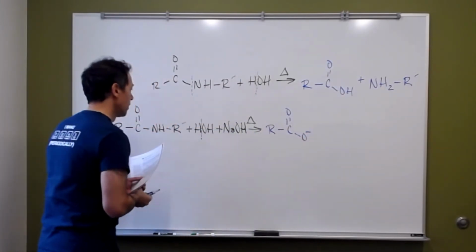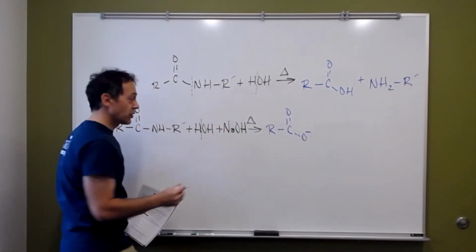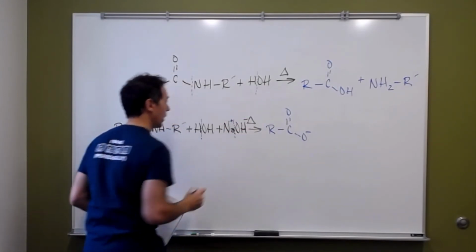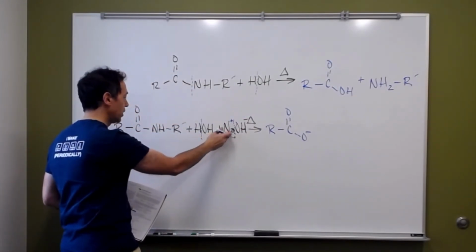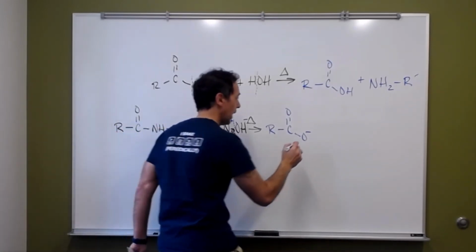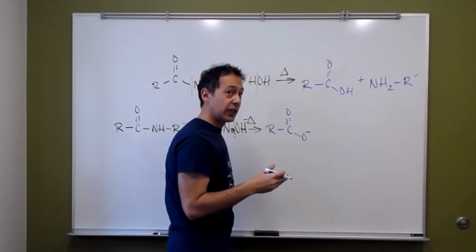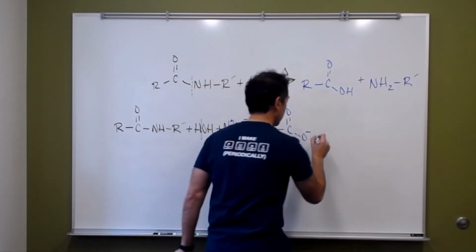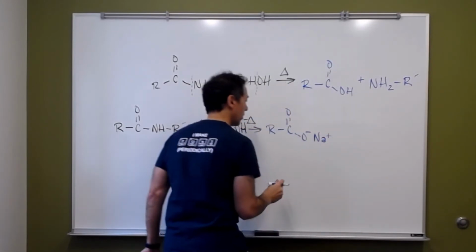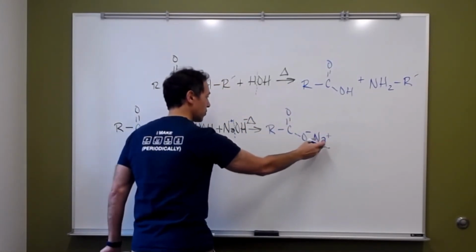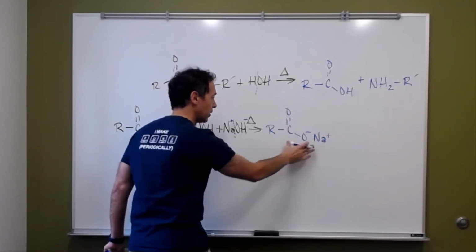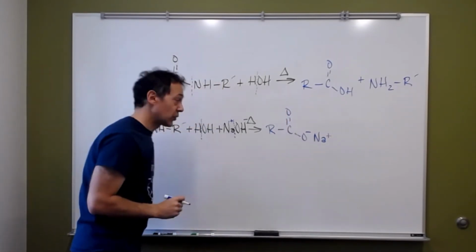We're going to split our sodium hydroxide apart. Our sodium is going to come over here, and we might have seen this before with our carboxylic acid salts. So we end up with Na here, so this becomes sodium, say, methanoate. This is our carboxylic acid salt.